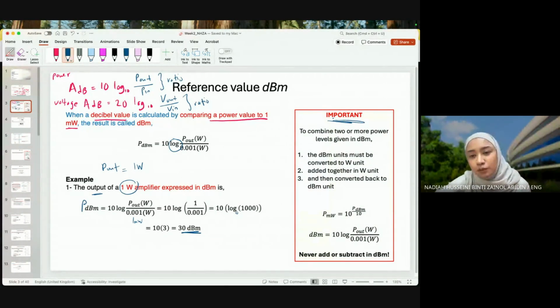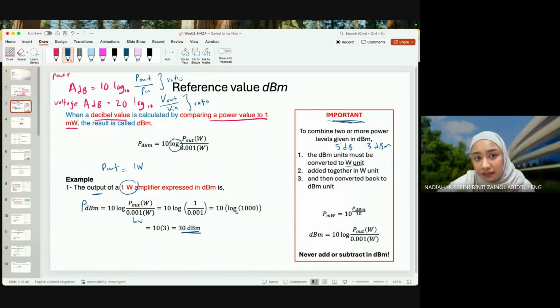We have an important note here. To combine 2 or more power levels given in dBm, the dBm units must be converted to milliwatt or watt units. Let's say you have 5 dBm and you have 3 dBm, and you want to combine these two. What is the result? You can't just simply add them together.